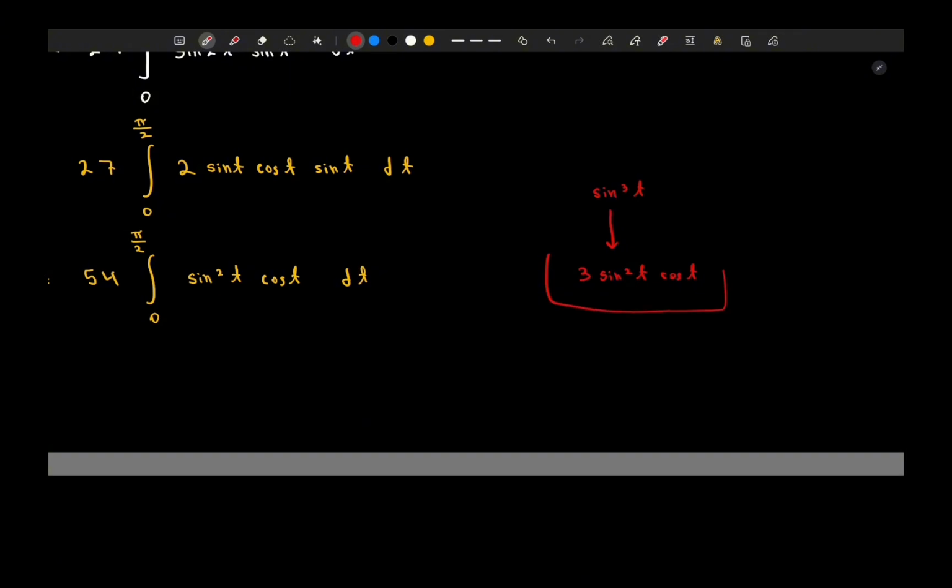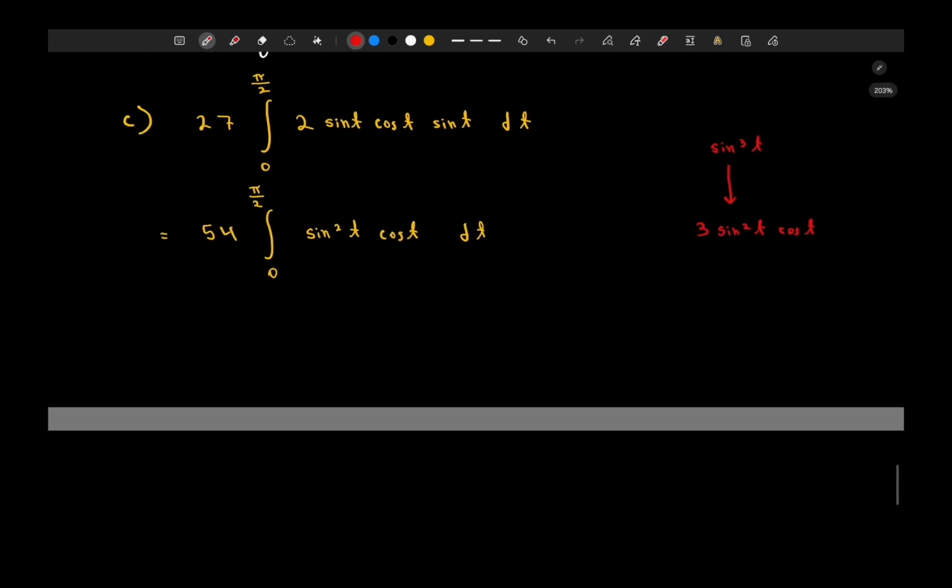Now as you can see, these two terms are very identical. There's only the 3 missing in this part. So if we take the 3 from 54, this is 18 times 0 to pi over 2, 3 sine squared t and cos t dt.